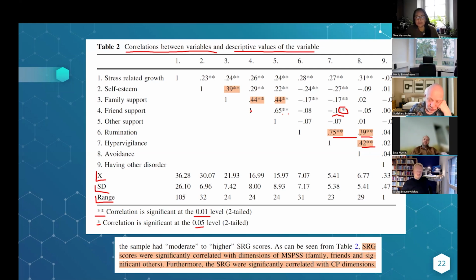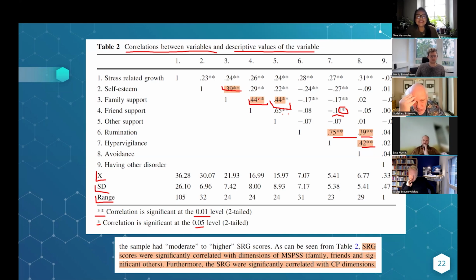However, I have the relationships here, and this variable is self-esteem related with family support. And here I have family support related with friend support. And then family support and its relationship with other kind of support. So all of these high correlations are just the same variable.